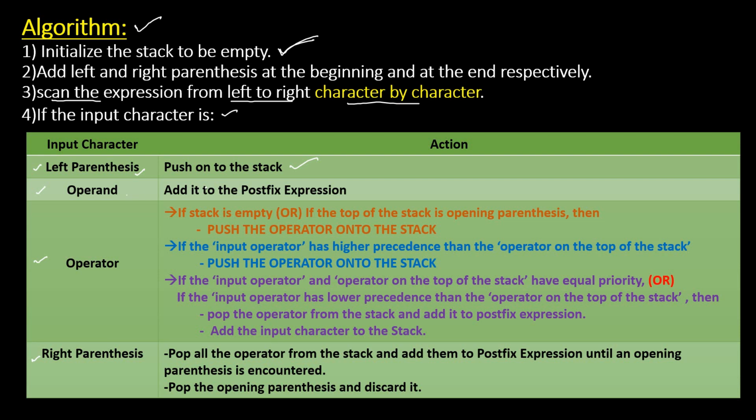Whenever you encounter an operand, what we have to do. The action is specified here. Whenever you encounter an operator, here we have some sub-steps. Whenever you get a right parenthesis, what to do. All these things are specified. Based on this, we have to do the conversion process.